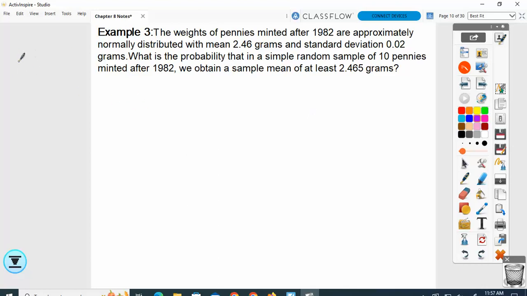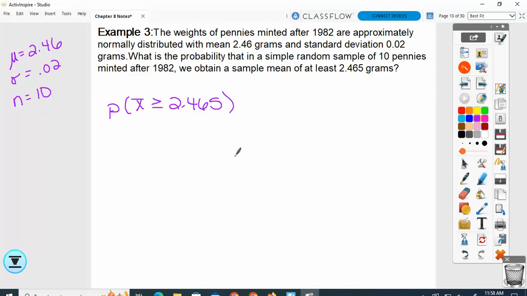We know that in my total population, my population mean was 2.46. Population standard deviation is 0.02. My sample, how big of a sample do we have? Our n is 10. So now, in that sample of 10 pennies, I need the probability that the sample mean is at least, so greater than or equal to 2.465.